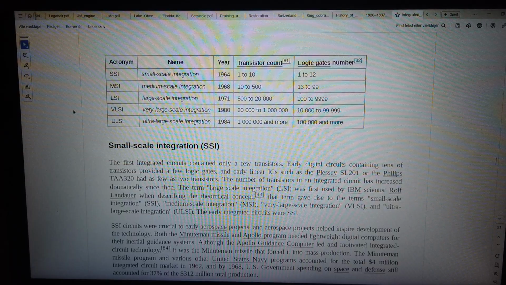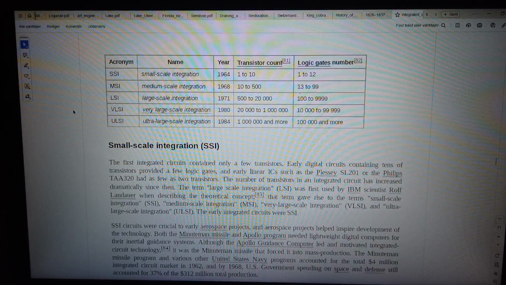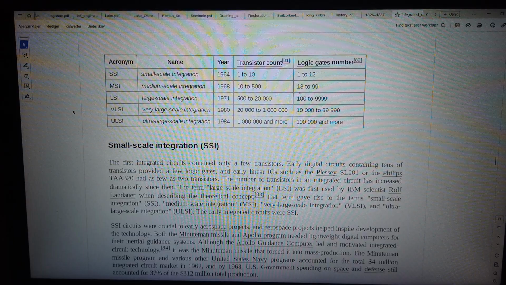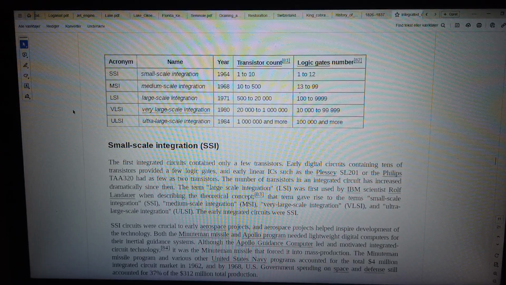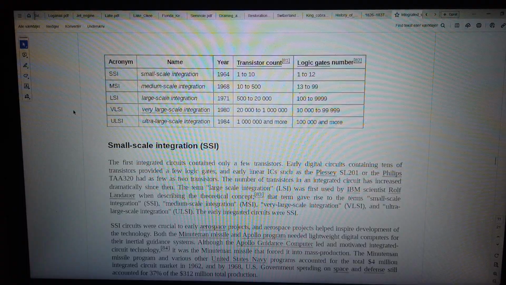VLSI, very-large-scale integration, 1980, 20,000 to 1,000,000, 10,000 to 99,999. ULSI, ultra-large-scale integration, 1984, 1,000,000 and more, 100,000 and more.